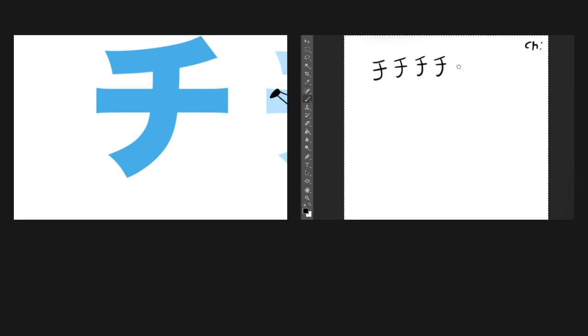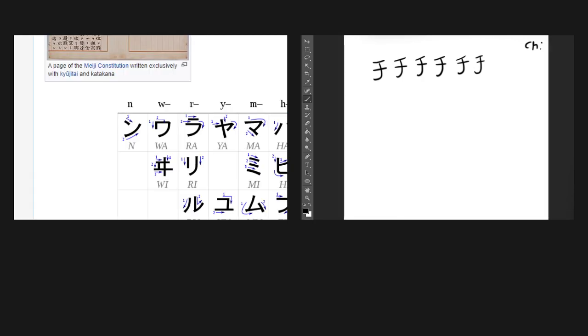And one of the lines is actually angled a little bit differently than the other. Let's see if that stroke order looks about right. No, I'm actually doing it wrong. Let's try this again. It's actually from top to bottom. So we're going down left, then back over, and then down.